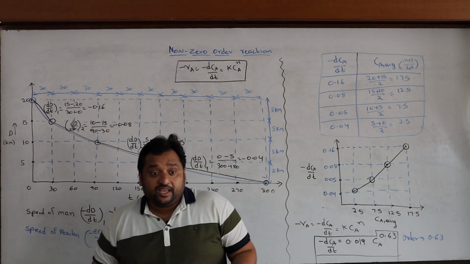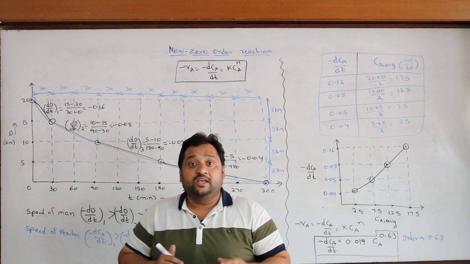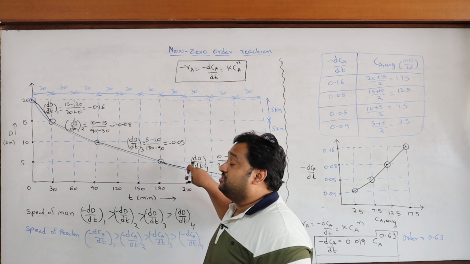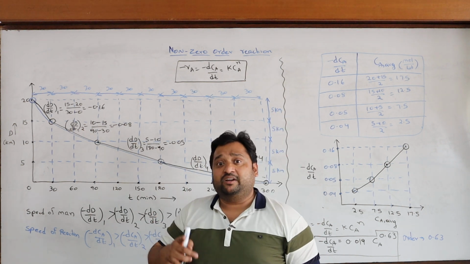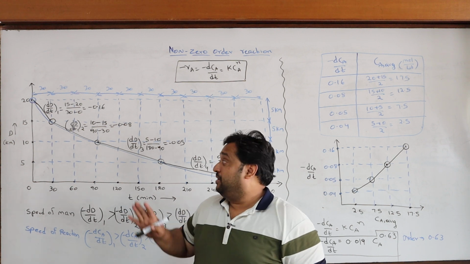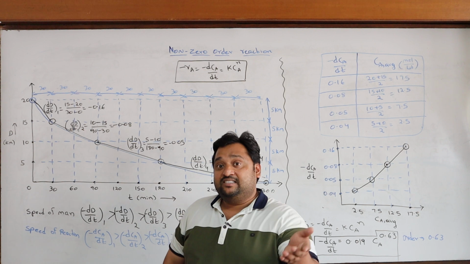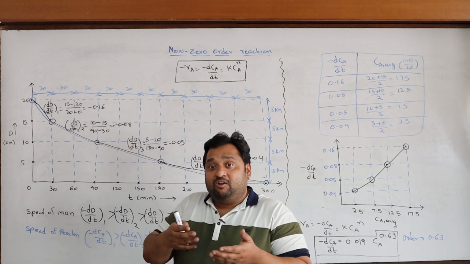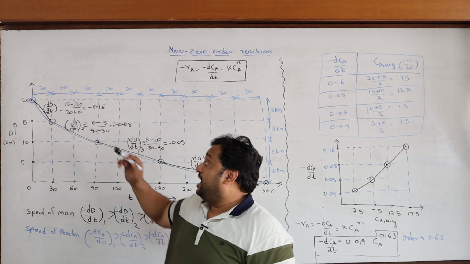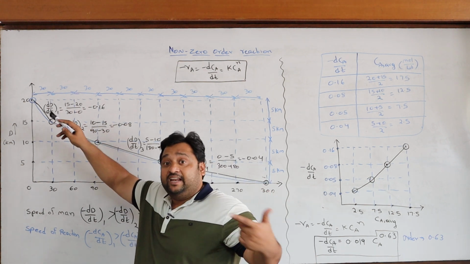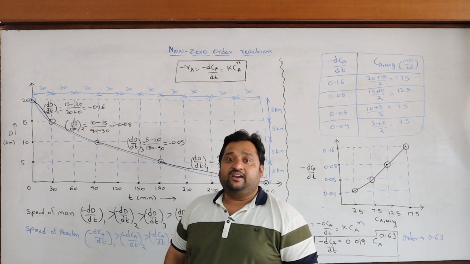For the zero order reactions in my earlier lecture, the speed is constant everywhere. Every 5 kilometers he took 30 minutes. But here only at the initial stage he has taken 30 minutes, and for the subsequent 5 kilometers the time increased. That means the speed of the person is higher at the initial stage and lower at the final stage.